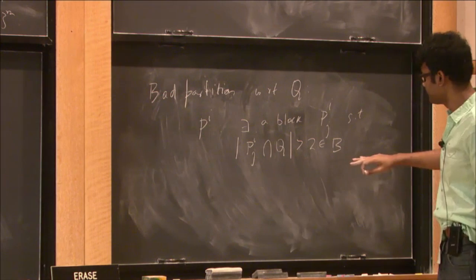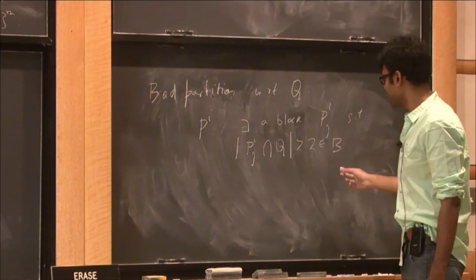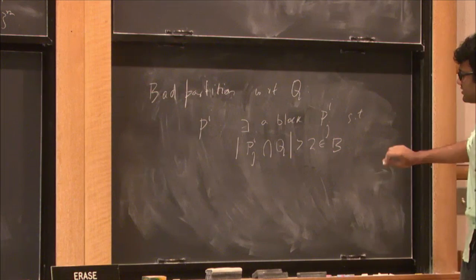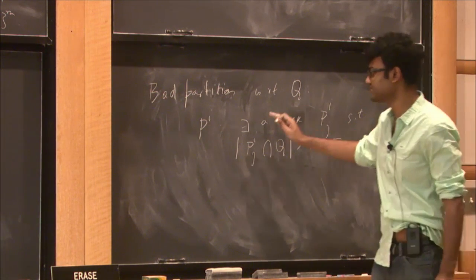If there is a significantly large intersection, then we say that the partition is bad.